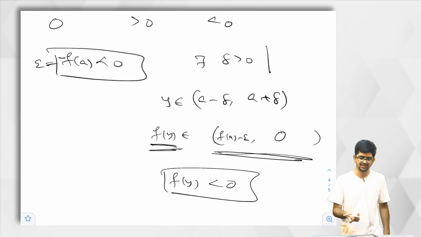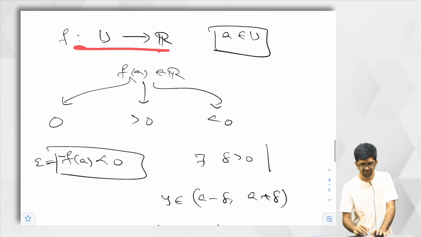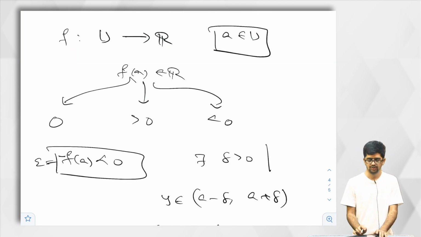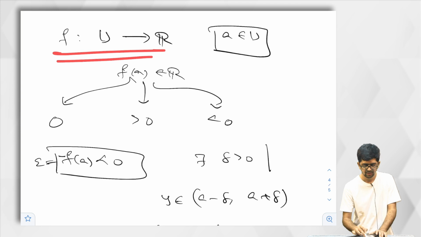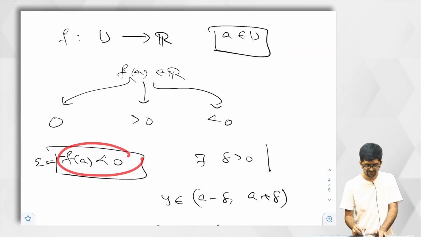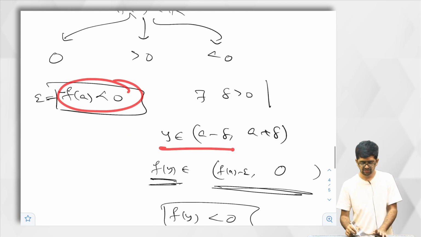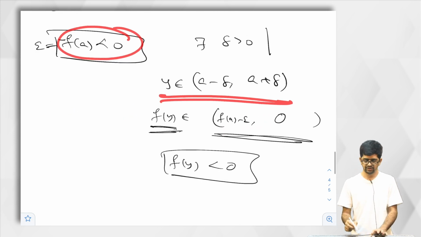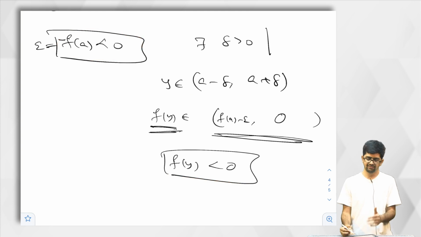So the idea is clear at least. If f is continuous at an element a, and I know f of a is negative, I can find a neighborhood around a in which f is negative.